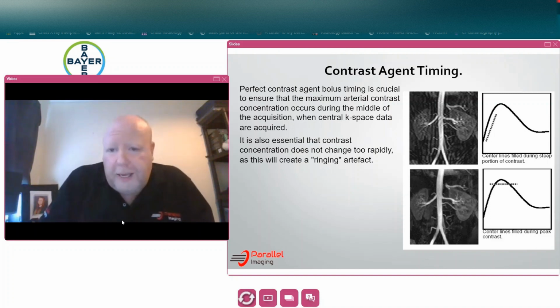Depending on the kind of anatomy that we're imaging, you want to make sure that the speed of the contrast ties in with the actual anatomy. The wider, the bigger the vessel, then you need a much slower bolus rate compared to if you're scanning a carotid artery, where you could utilize a slightly higher bolus rate.